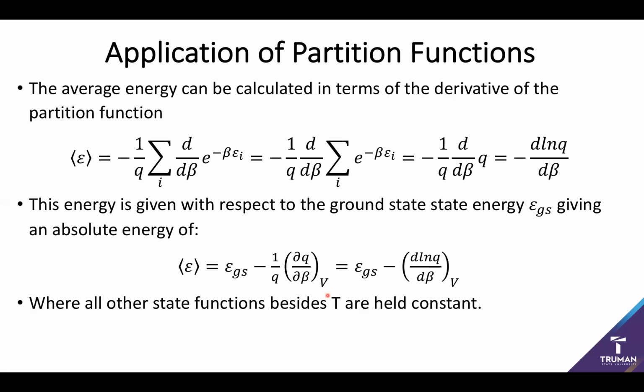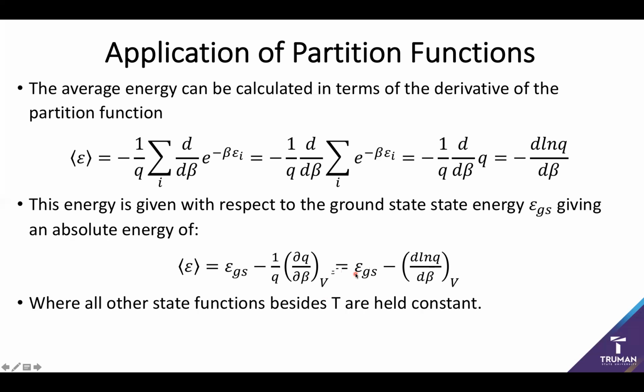So essentially we're holding all other variables besides temperature constant. When we're looking at the energy of the system, we hold volume constant because that also helps us hold pressure fairly constant. And again, the only variable that's then allowed to vary is temperature. So this gives us a general way of tackling the energy of the system.